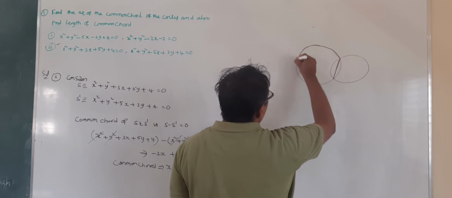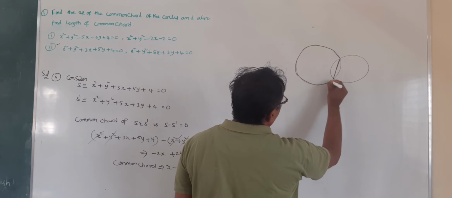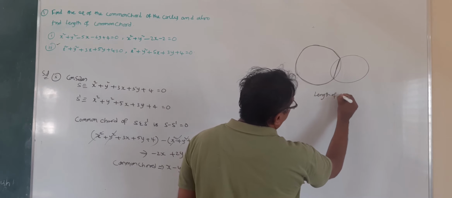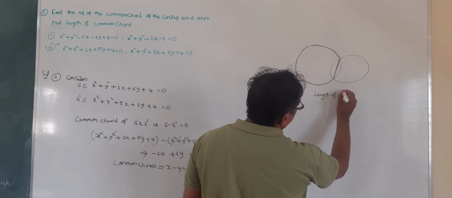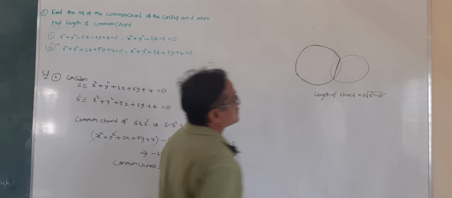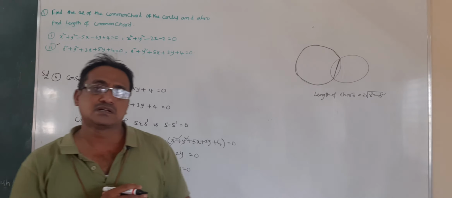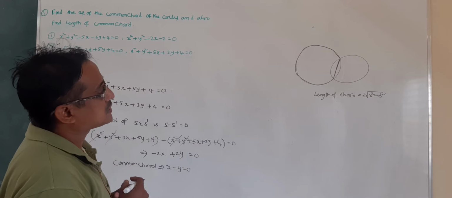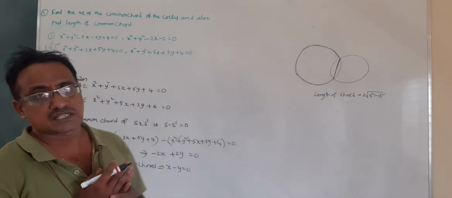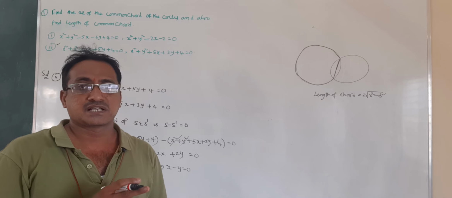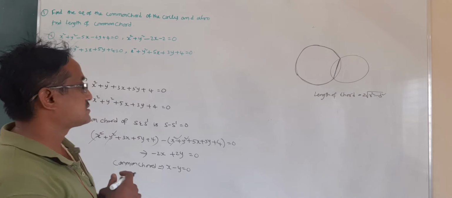Length of chord, or common chord, is 2 root r square minus d square. You have to use this formula to find the length of the common chord. You can take any one circle and its radius.